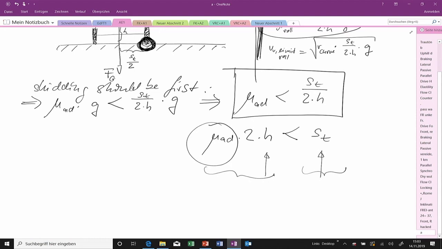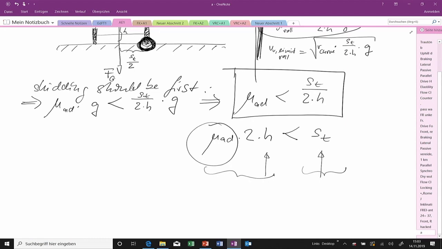Another oscillation which could happen is also during steering. This is a roll oscillation. Because if I go into a curve, always the vehicle will tend to roll to the outer side of the curve. If I go in a curve like that, the vehicle will tend to roll in that direction.